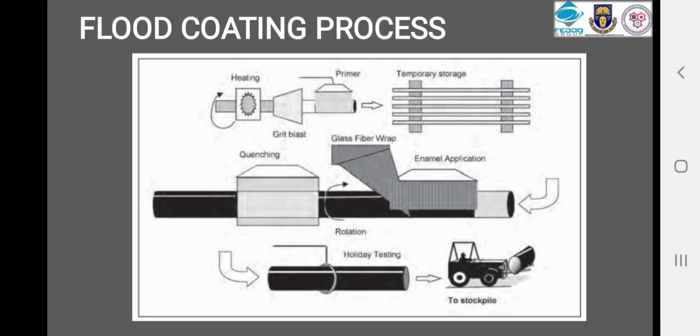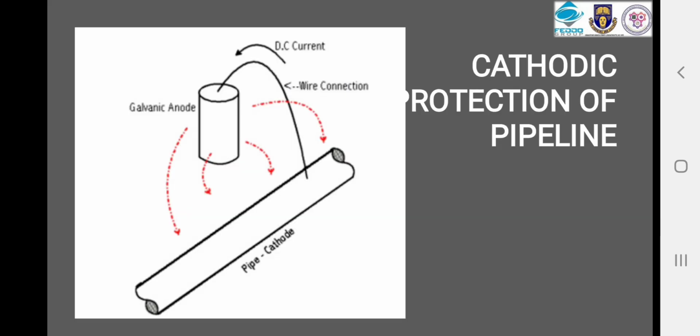And with that, we look at the cathodic protection of pipe, where we have a continuous sending of a current to our pipe to resist corrosion. This is the configuration typically used.